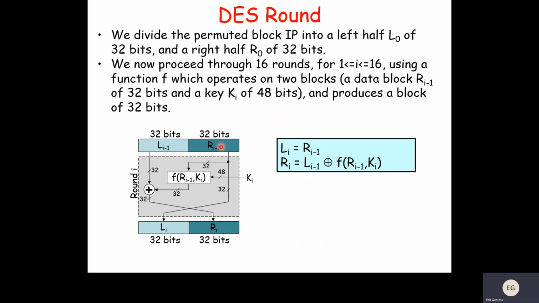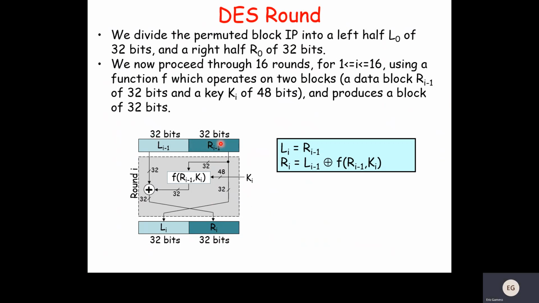In the upper part, you have the result of the previous round, which is data of 64 bits, so 32 plus 32 is 64 bits. Here you have a key. In round i, we use the sub key K sub i, which is 48 bits. So 64 bits of input, 48 bits of input, and we have an output that goes to the next round, which is 64 bits.